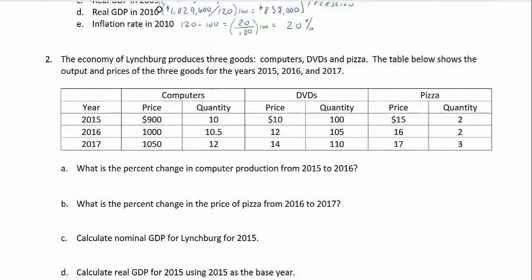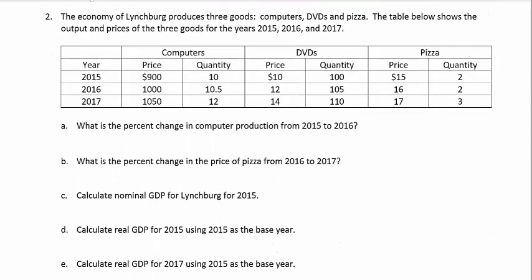Okay. Number 2. Now we're looking at an economy that produces 3 goods. The 3 goods are computers, DVDs, and pizza. The table below shows the output and the prices of the 3 goods for the years 2015, 16, and 17. So A is simply a percent change problem.